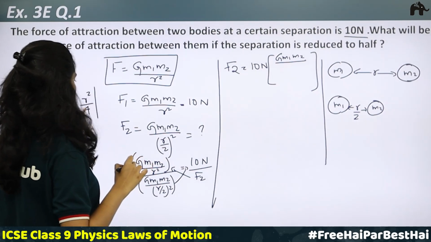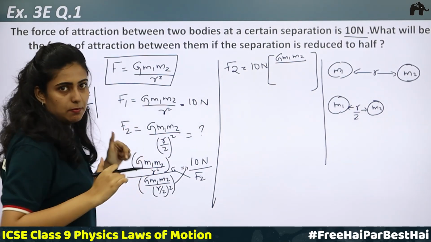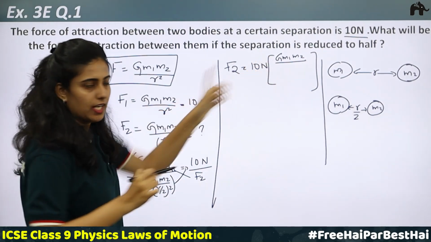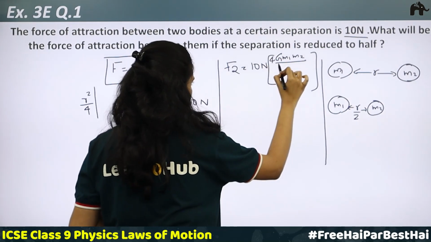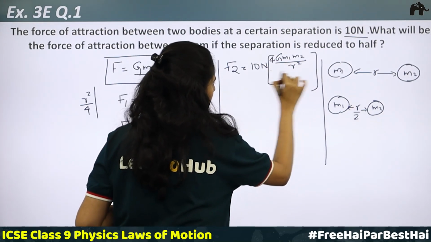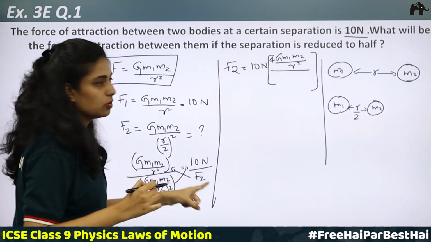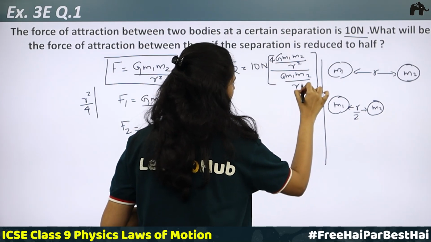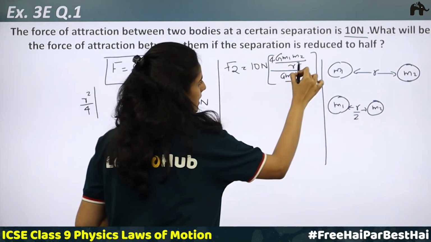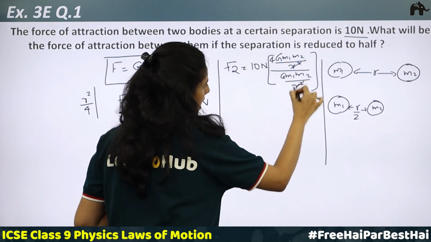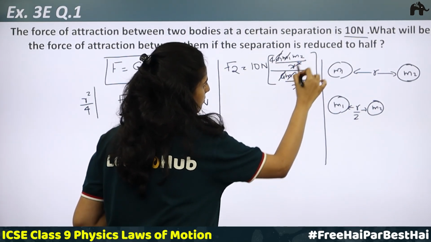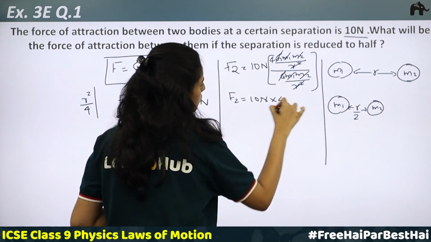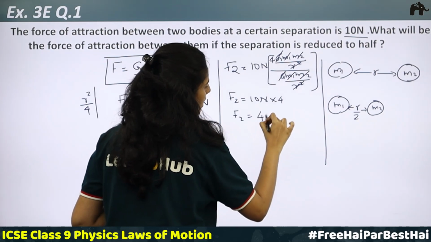So taking the reciprocal, you can take the denominator to the numerator, so 4 comes here, then you will be having R square in the denominator. Now this term, when it goes down, becomes G M1 M2 divided by R square. So cancelling R square, G M1 M2, you will be having F2 is equal to 10 Newton into 4, or F2 is equal to 40 Newtons.